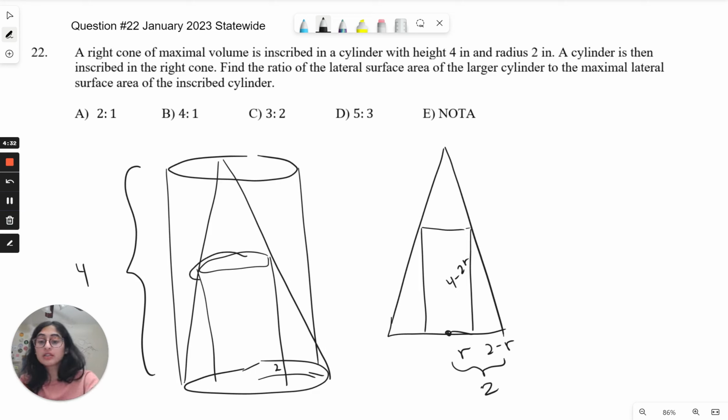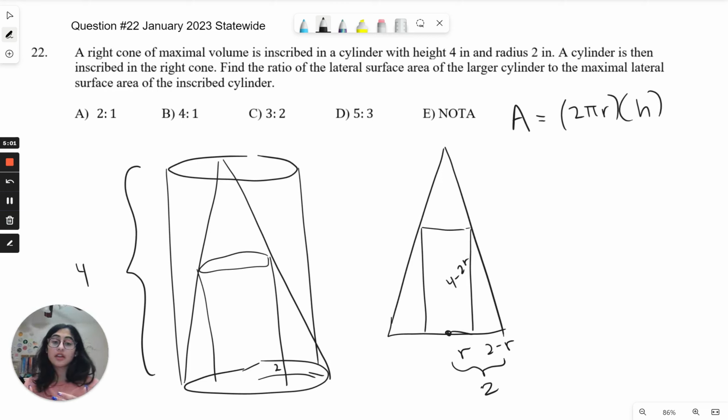If you cut it on one side and unroll it, it would be a rectangle with a length of the circumference and a width of the height. So the lateral surface area of a cylinder is the length, 2 pi r, which is the circumference, times the height. We know the height in terms of the radius, so we can put our equation for the lateral surface area in terms of r.